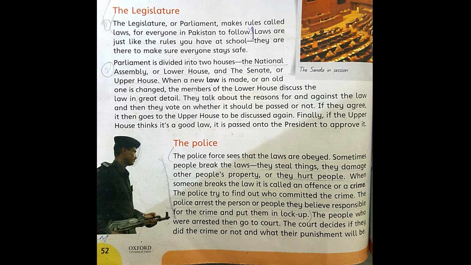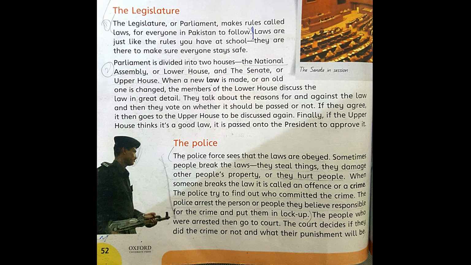When a new law is made or an old one is changed, the members of the lower house, the National Assembly, discuss the law in great detail. They talk about the reasons for and against the law and then they vote on whether it should be passed or not.